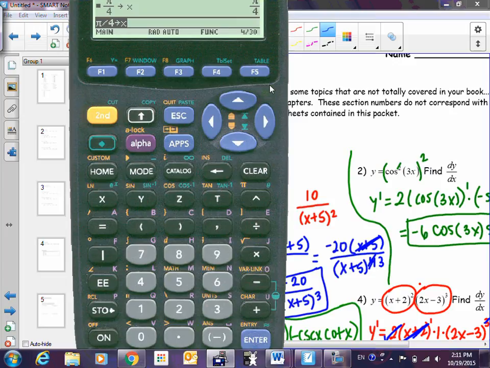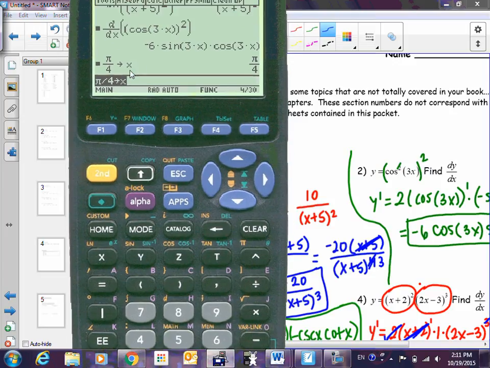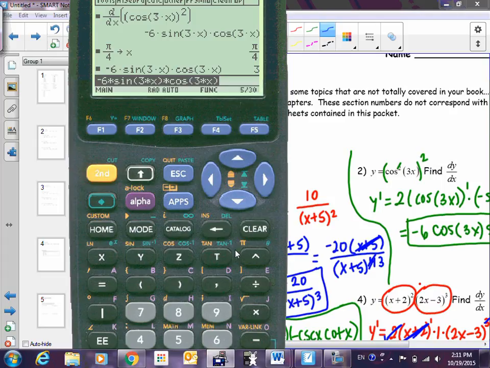When I press enter, now when I type x, what it really knows is pi over 4. So I could come up here and select my answer, and it will calculate now the slope of the tangent line at x equals pi over 4.